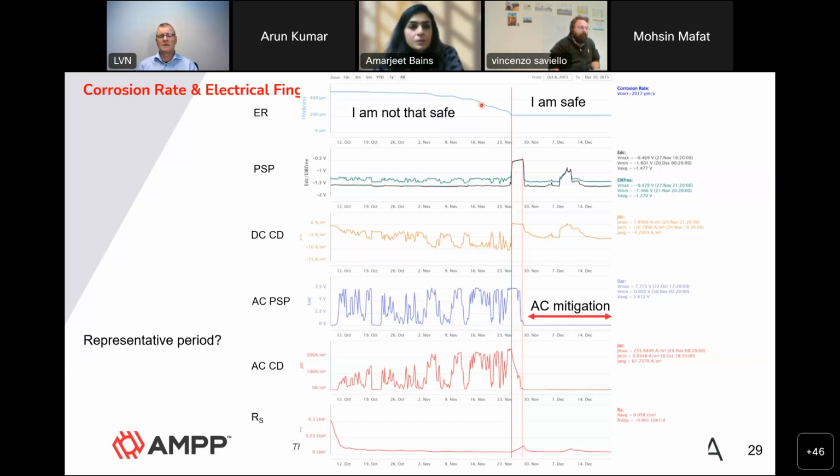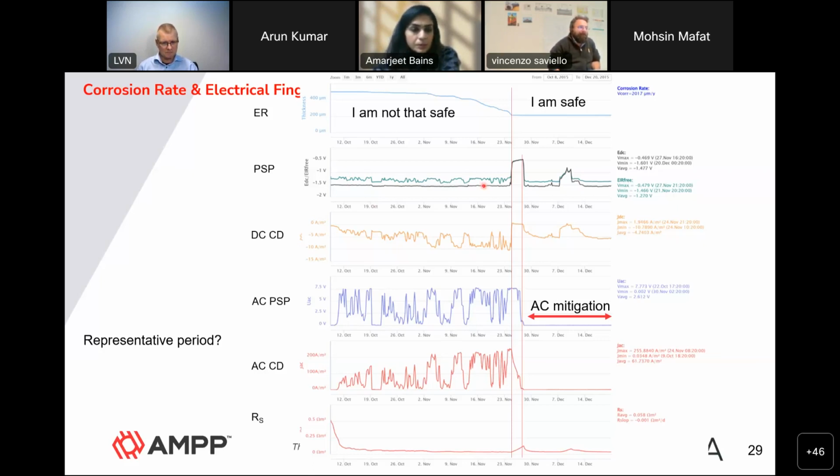And this is why I'm trying to compare how easy it is to look at the signal from an ER probe. It's equally simple as to look at the potential, and it gives you more reliable results when you have AC or interference conditions, because in that case you would fail, you would not interpret the pipe to soil potential correctly as a safe condition, simply because you have AC on your pipeline.